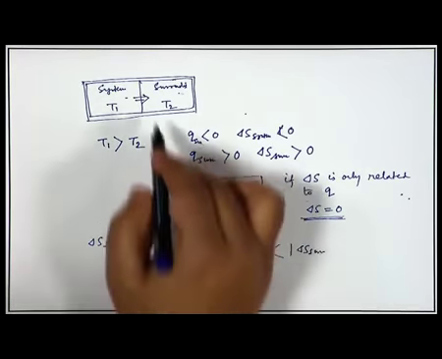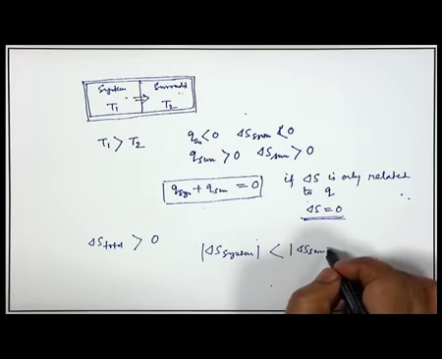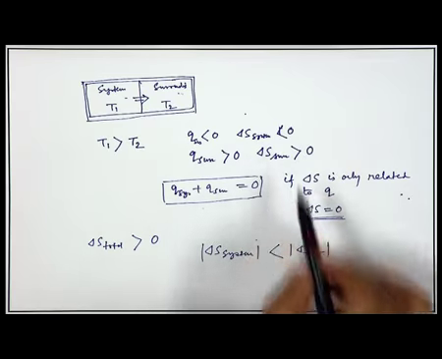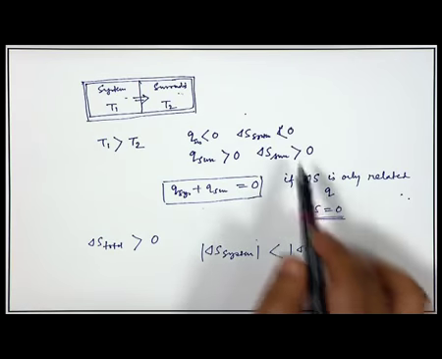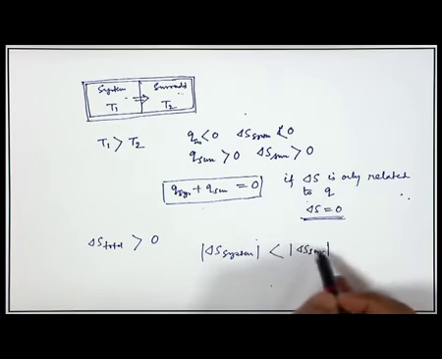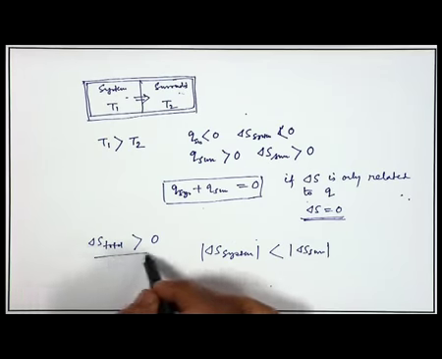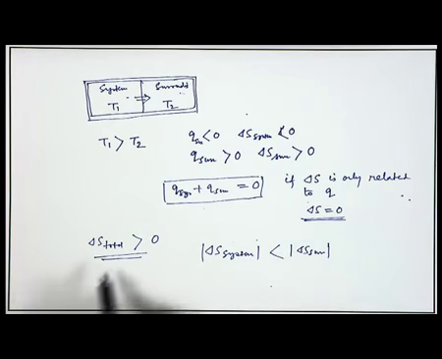I am talking about this particular example. Delta S system is negative and delta S surroundings is positive. So, if the magnitude of the positive number is higher than the magnitude of the negative number, we will land up with delta S total greater than 0.